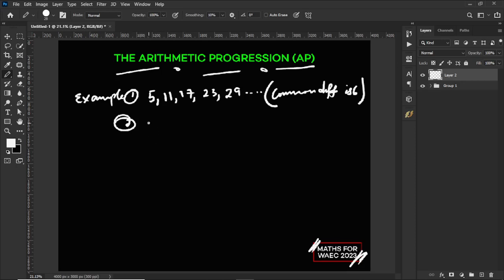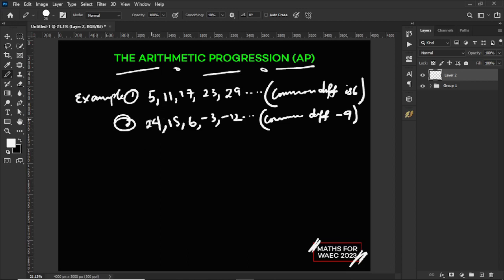Let's see another one. If I have 24, 15, 6, -3, -12, and so on like this, the common difference here is -9.